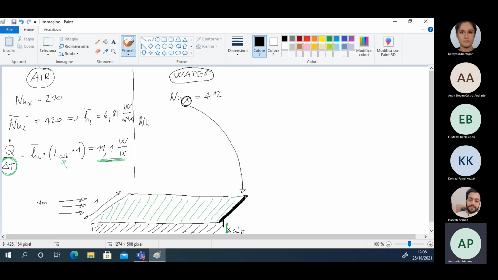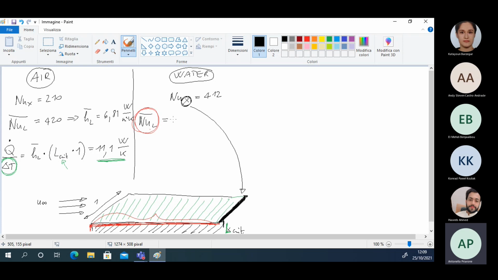The Nusselt average means the average of the Nusselt number along the plate in the laminar zone. So this average value refers to the laminar zone from the beginning of the plate up to L critical.